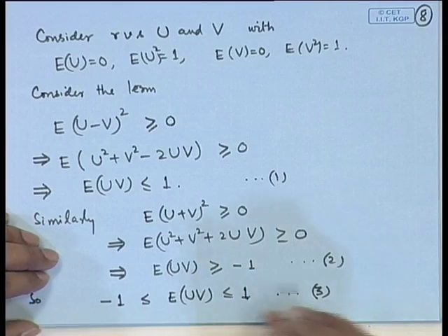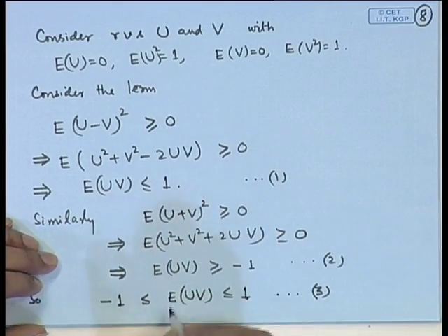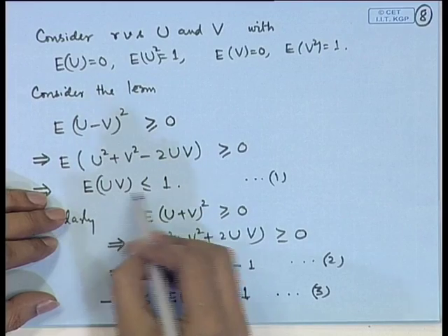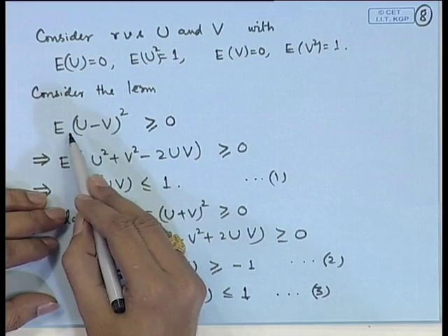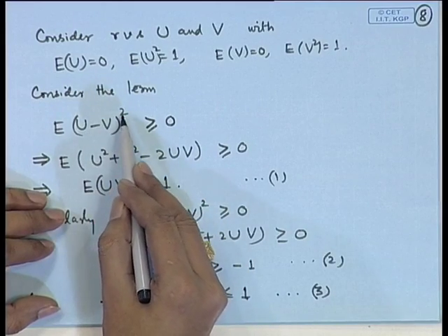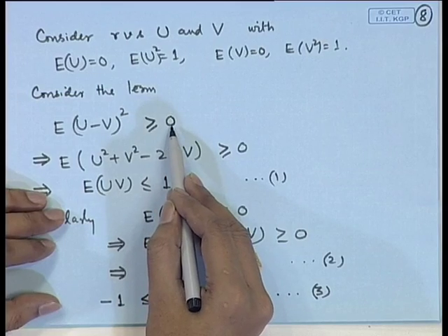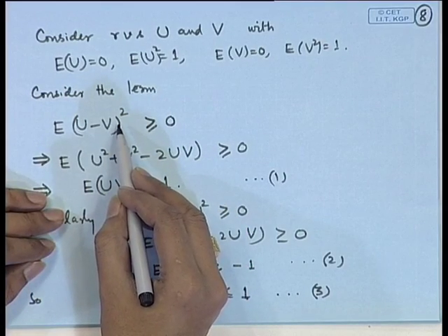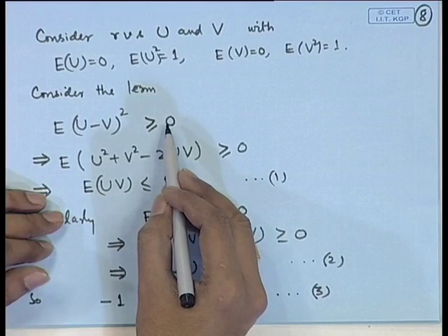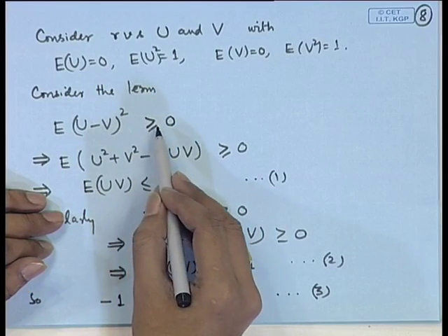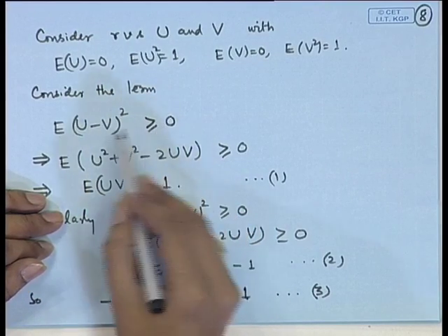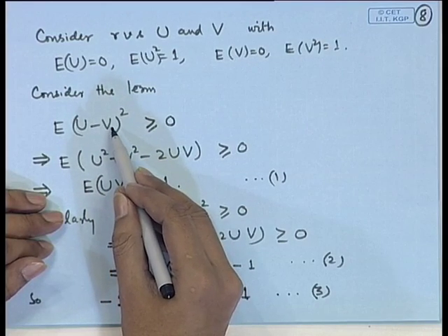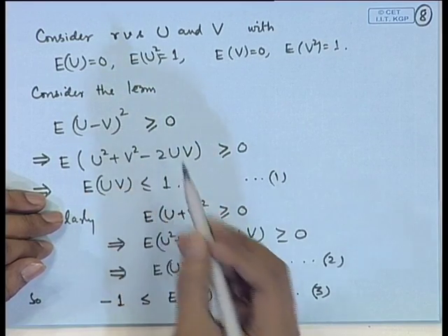Now, we can consider when the equality will be attained. So, here equality at 1 will be attained when expectation of u minus v whole square is equal to 0. Now, expectation of a non-negative random variable is 0 if and only if the random variable itself is 0. That means, u must be equal to v with probability 1.